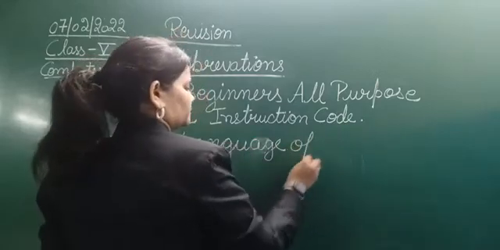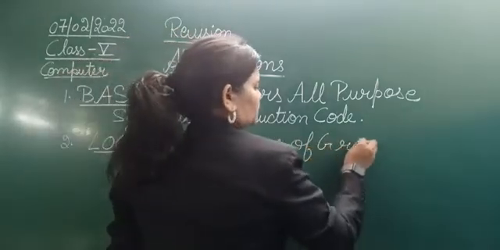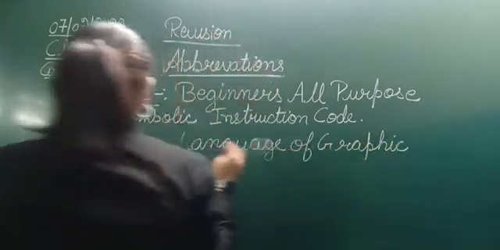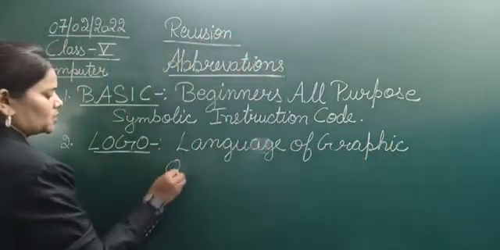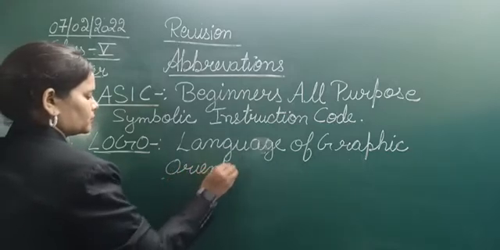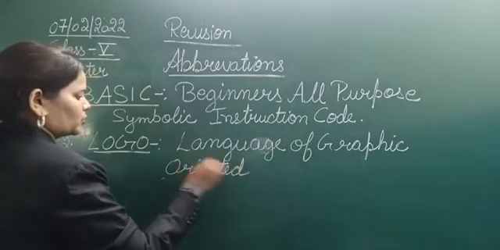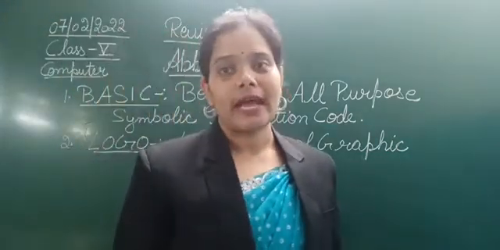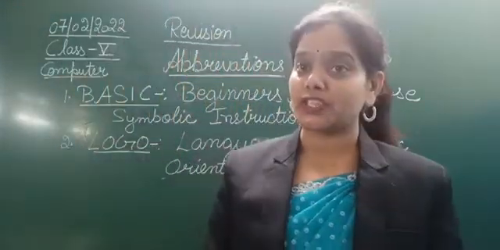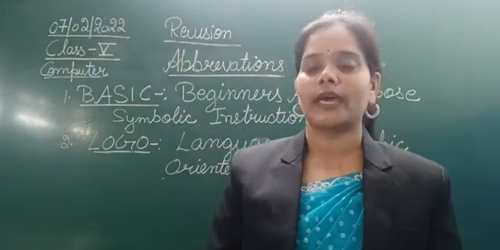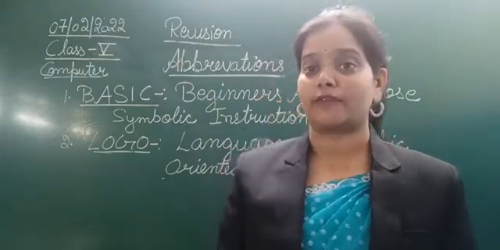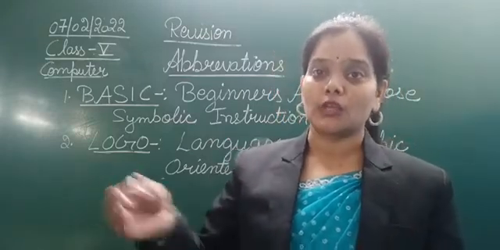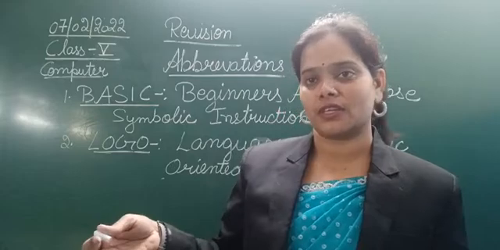LOGO is basically a program that is used for designing shapes and figures. The instructions are given, like forward and backward commands, with certain numbers to make certain shapes and figures.